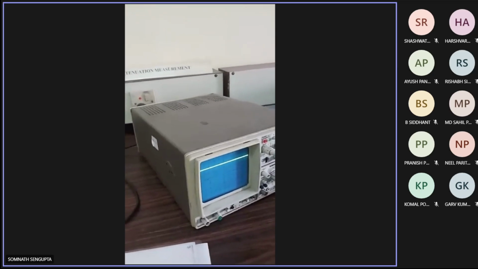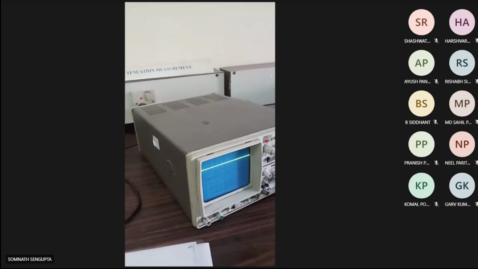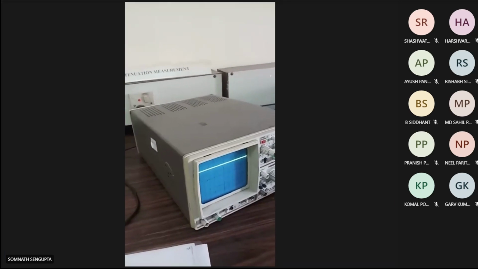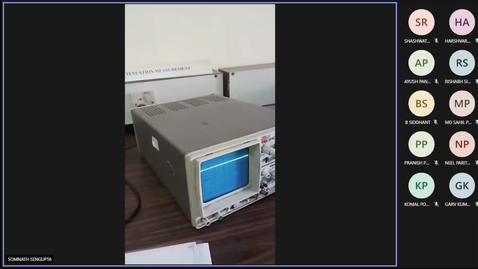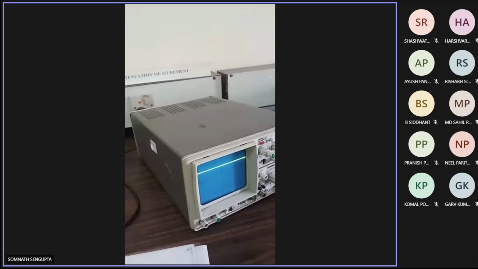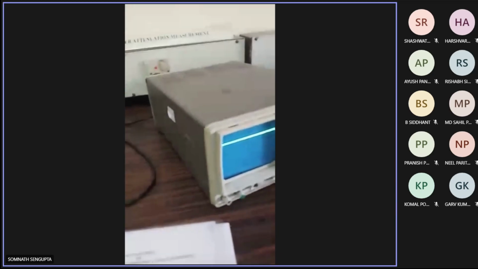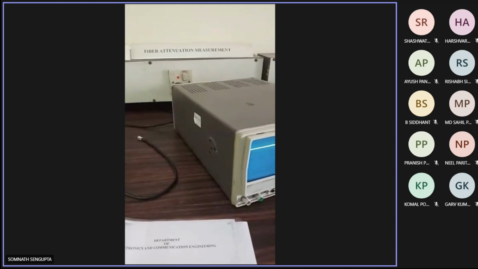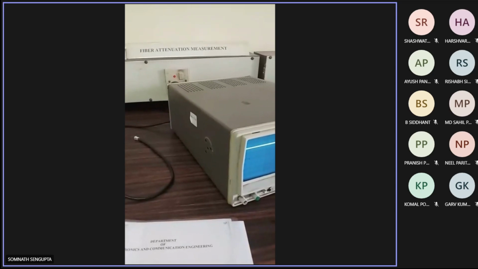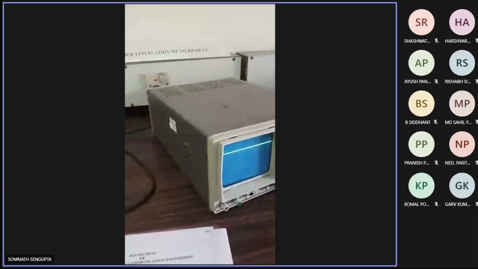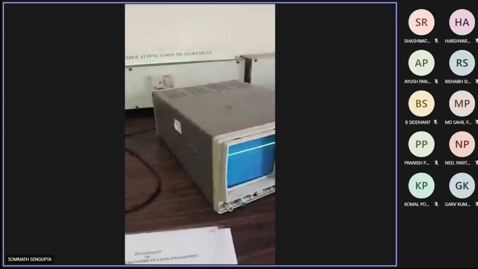So at present we have three fibers. One fiber is 0.5 meter, another fiber is 10 meter, another is 20 meter. You make a table: in one column you mention fiber length, and in another column you mention output voltage, in brackets peak to peak.